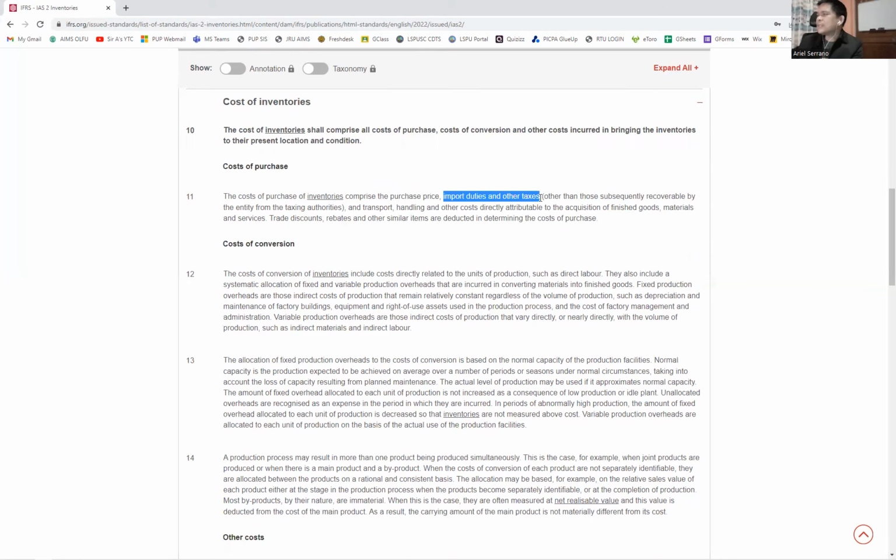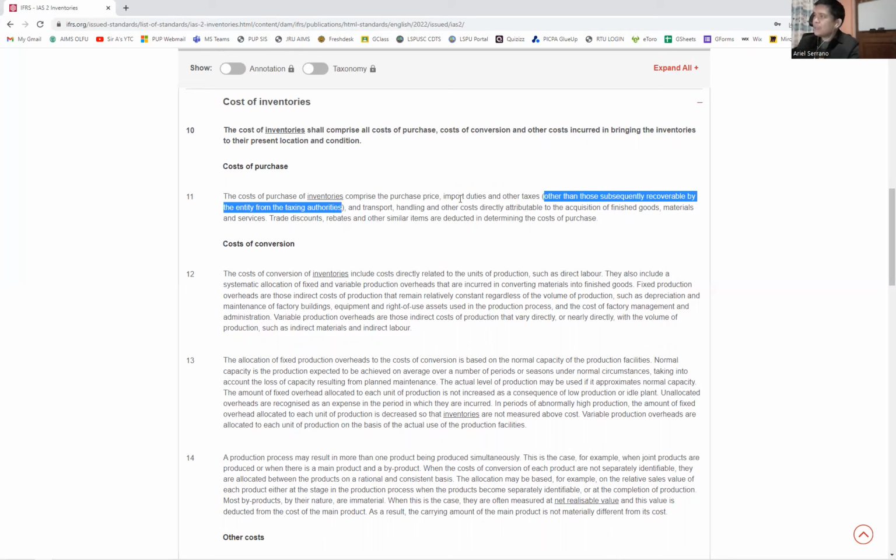And other taxes, lalong-lalo na kung in-import natin galing sa ibang bansa, may mga additional cost tayo that we need to incur, no? May kailangan tayong bayaran sa Bureau of Customs, for example. Okay? So those are import duties and other taxes. Kailangan natin siyang isama, no? Of course, other than those subsequently recoverable by the entity from the taxing authorities. Okay? Other than those subsequently recoverable.